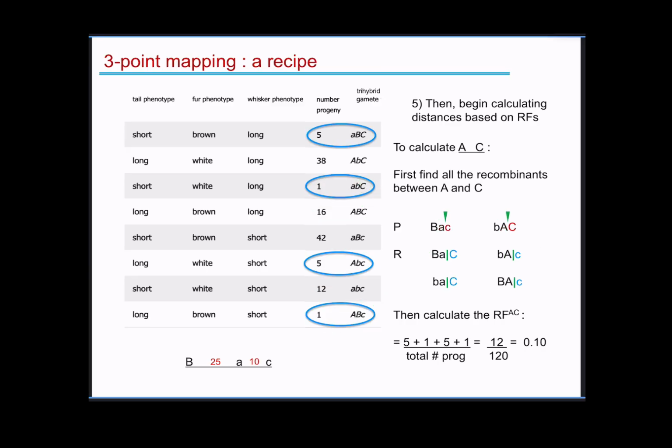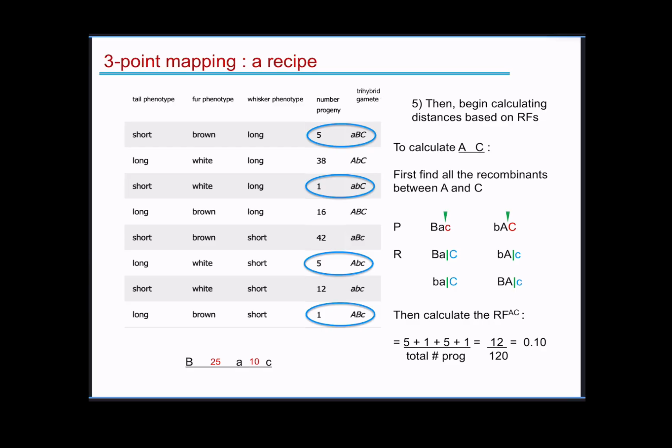We do the same for between A and C. So going with your idea, we fix the first, recessive A. We know that in the parental, recessive A goes with recessive B. Now we fix recessive A and change the recessive C to a dominant.